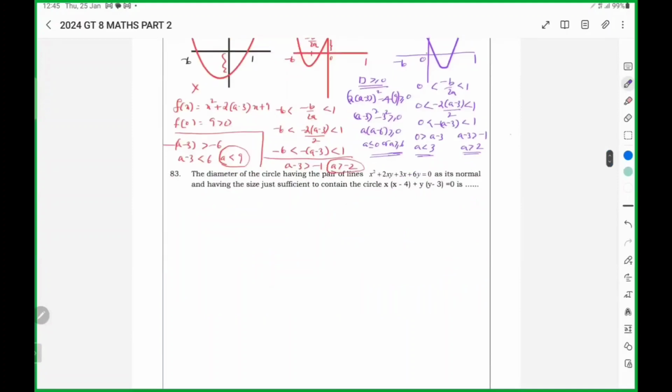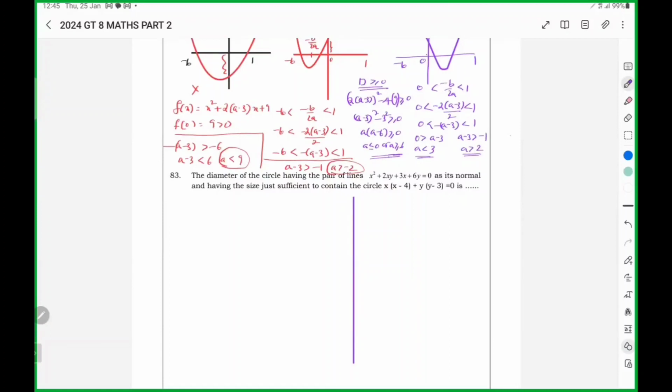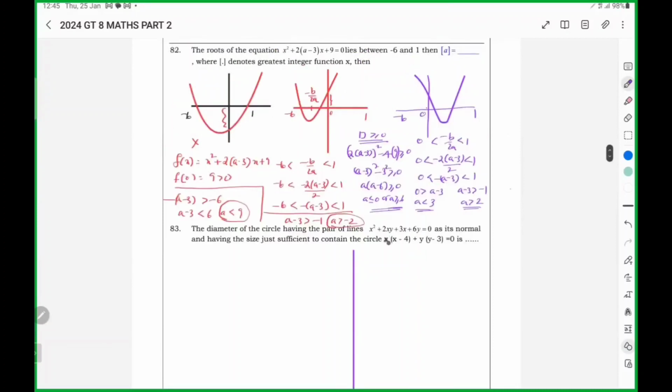So here common conditions for all of them: discriminant greater than 0, f of 0 positive, f of minus 6 positive, f of 1 must be positive. These are common conditions for both the graphs.